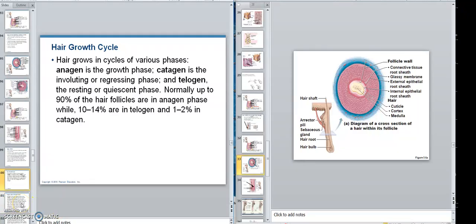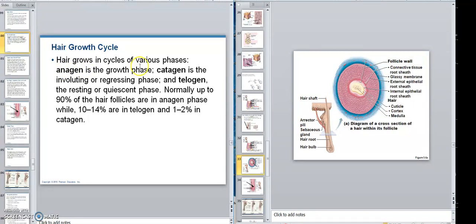Okay, class. We are now in the second part of hair, and we're looking at hair growth. The growth of hair has three cycles: the catagen, the telogen, and the anagen. The anagen is the growth period, when the hair is actually growing.